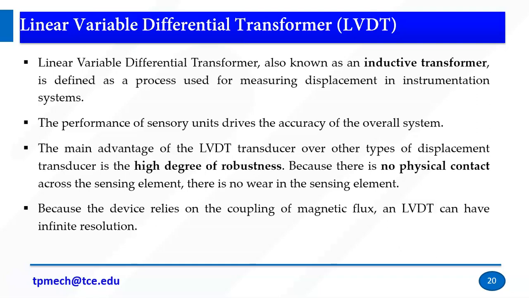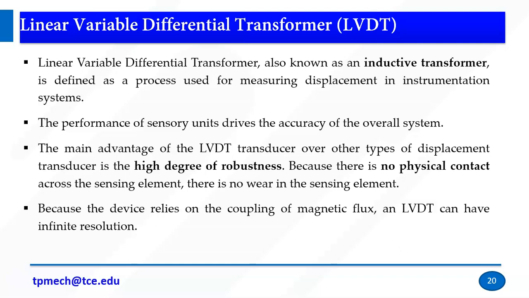It is defined as a process used for measuring displacement in instrument systems. The performance of the sensing units drives the accuracy of the overall system. The main advantage of LVDT transducers over other types of displacement transducer is the high degree of robustness. There is no physical contact across the sensing element between the moving object and the sensor, and there is no wear in the sensing element.